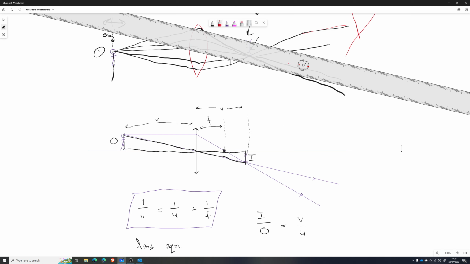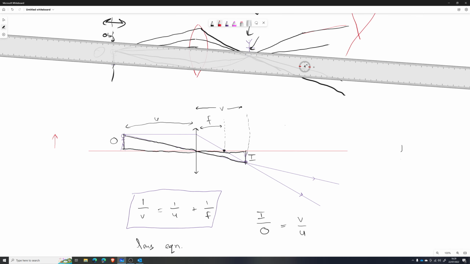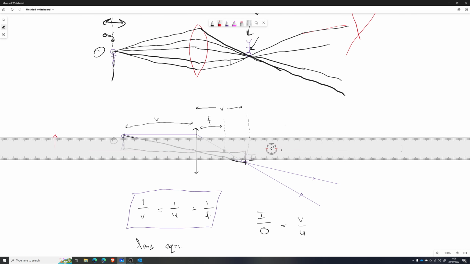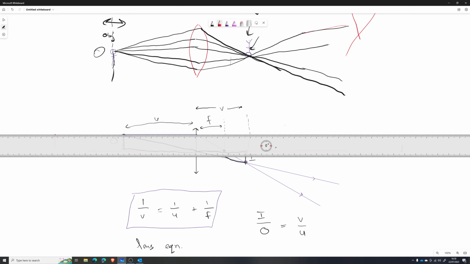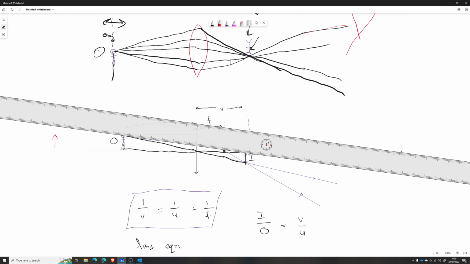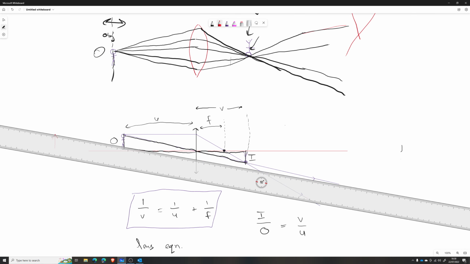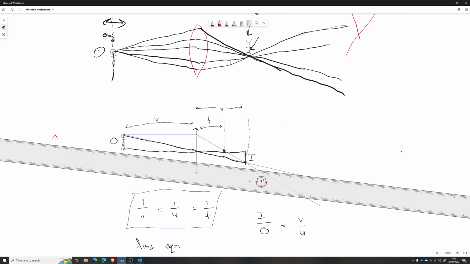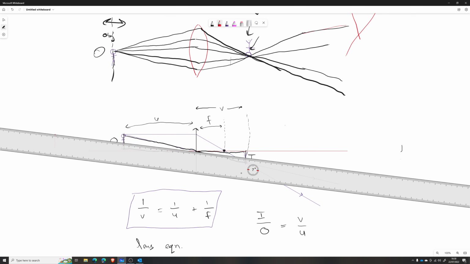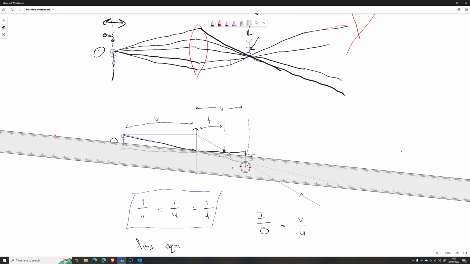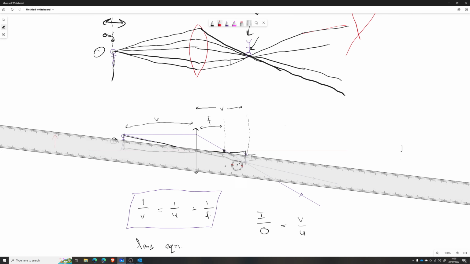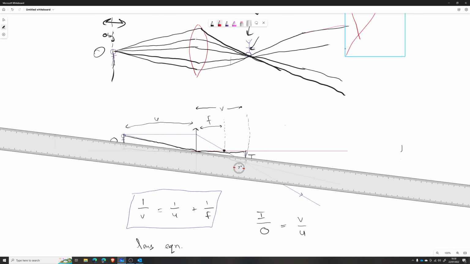If I have an arrow that is at a different distance, and I repeat the process with my ruler, the top of the arrow is roughly in the same place. So the ray from the top of the arrow that travels parallel to the principal axis is going to go along the same line as the one I've already drawn for my original image.